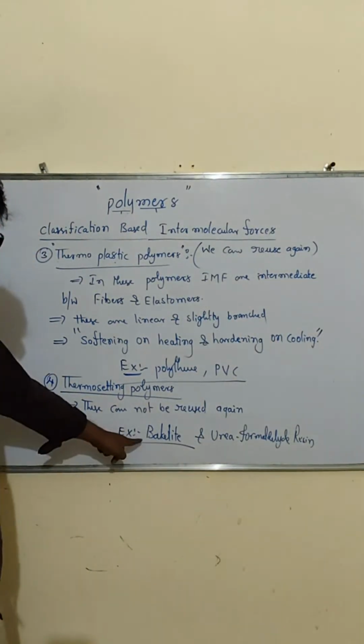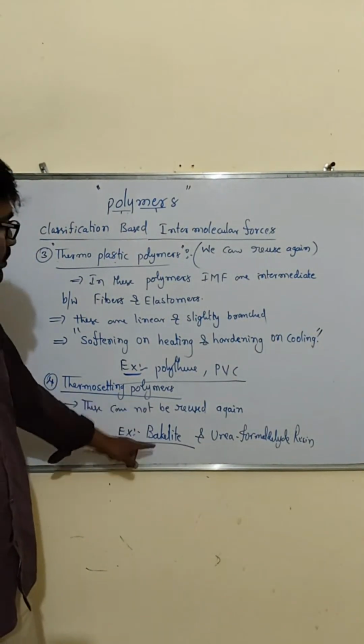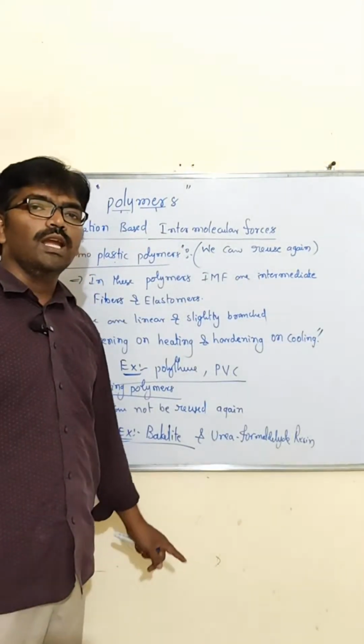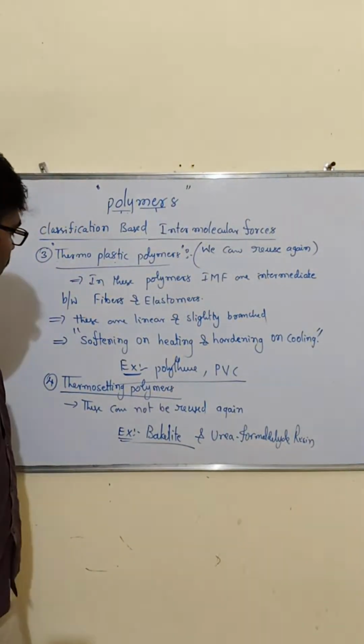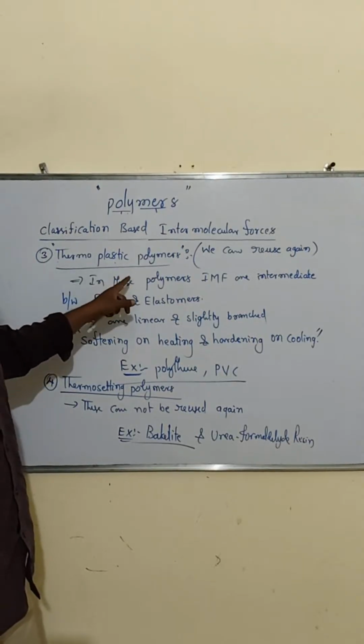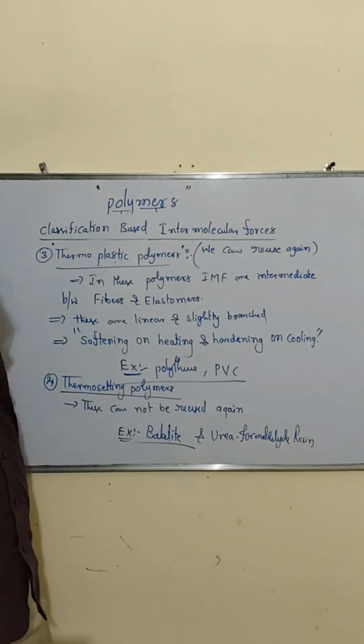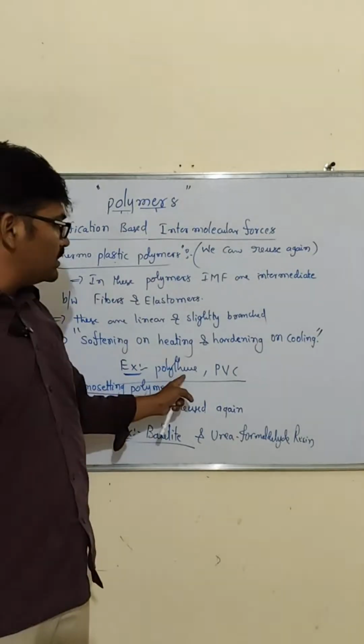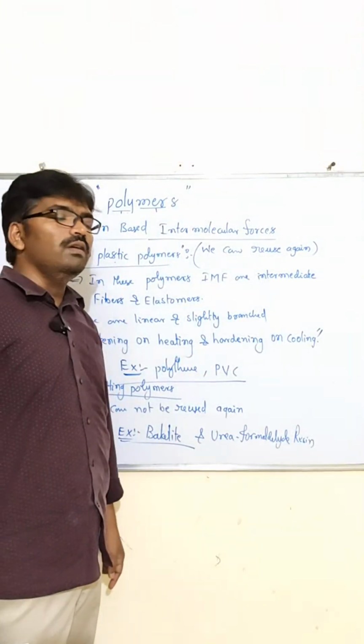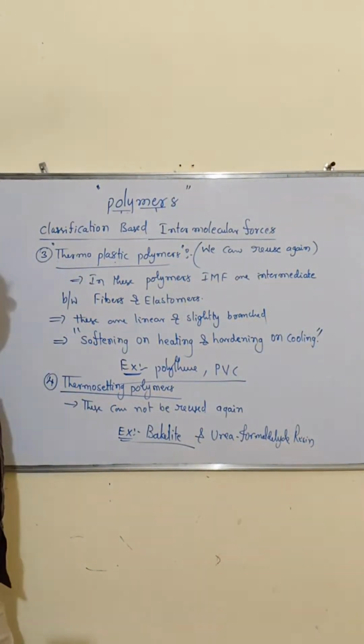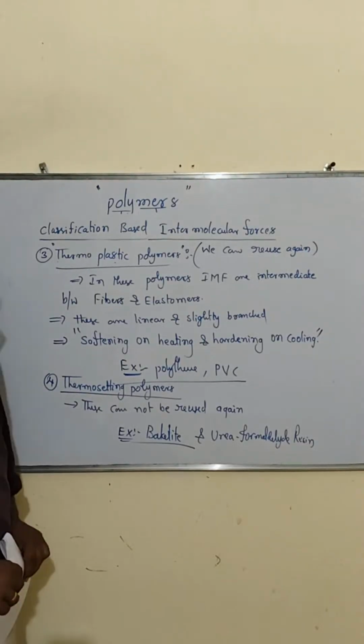So it is one of the old polymers. Thermosetting polymers cannot be reused again. Thermoplastic polymers, like polythene and polyvinyl chloride, we can reuse again. So these are the classifications.